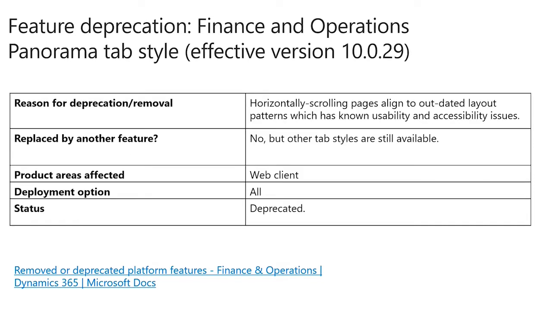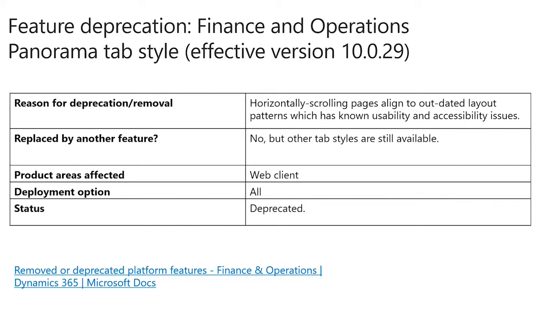One more deprecation to talk about. Previously we talked about the out-of-the-box workspaces within finance and operations being updated from horizontal scrolling to vertical scrolling. Now we're seeing the deprecation of horizontal scrolling altogether.